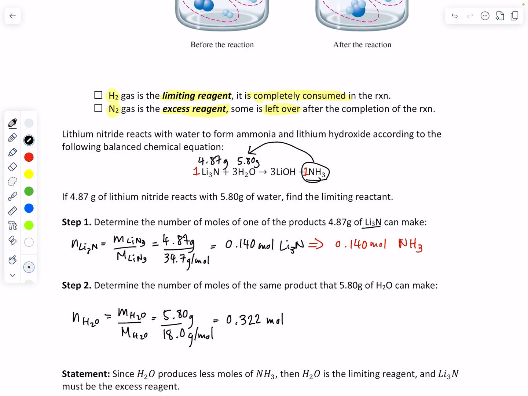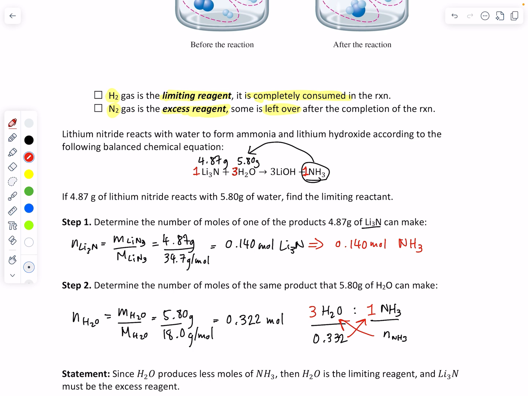Now, let's use the mole ratio. H2O to NH3. If we look at the balanced equation, that's 3 to 1. So 3 H2O to 1 NH3. We can find the amount of moles of NH3 that will be produced with this amount. 0.322 divided by the number of moles of NH3. We're going to cross multiply the coefficients by the amounts.